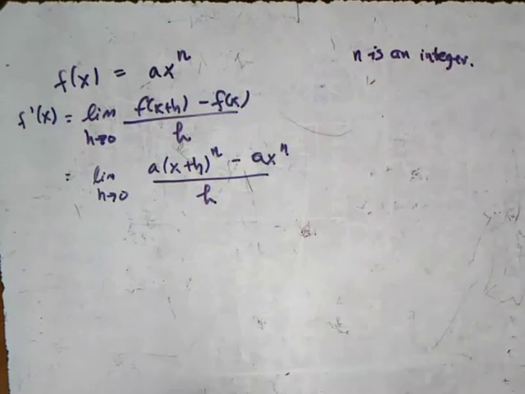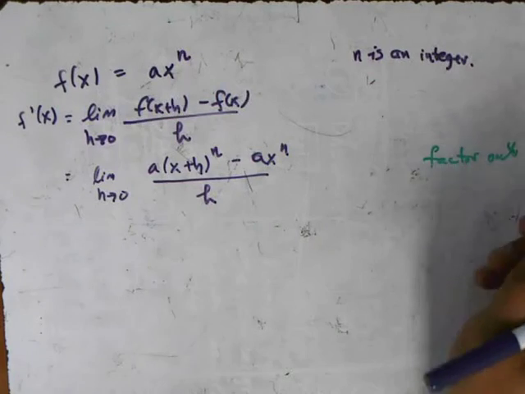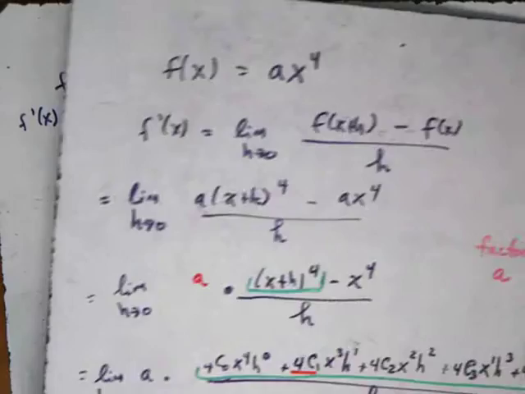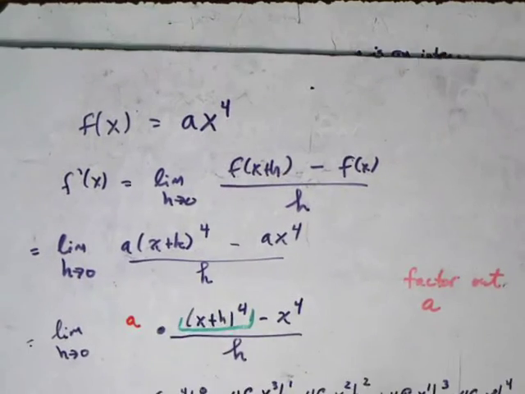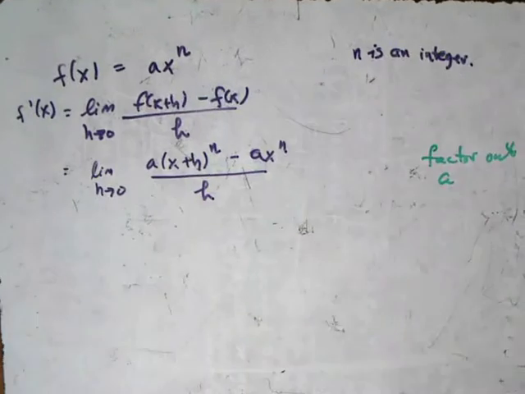And what I want to do here is factor out a, just like I did last time. We're going to use these two to emulate it. This is with x to the fourth. We factor out an a. We're going to do the exact same thing here.